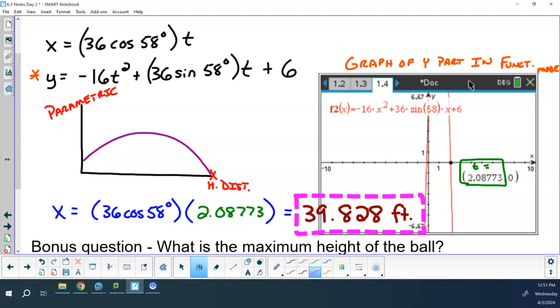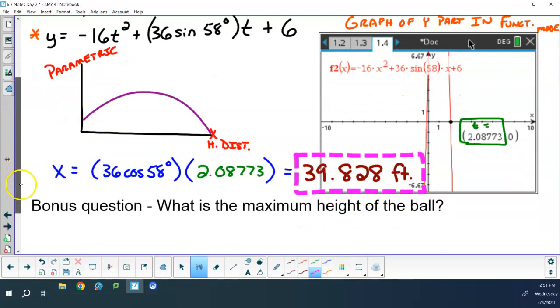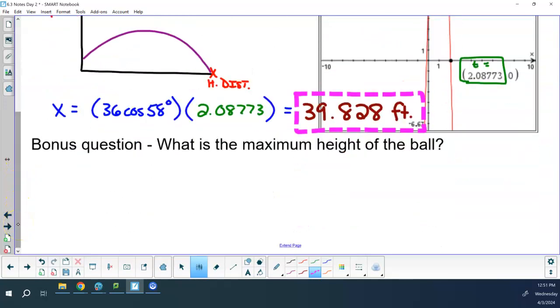Okay. Now, the nice thing about graphing the y part in function mode is that you can then find the maximum height of the ball. Figure out which one it is.